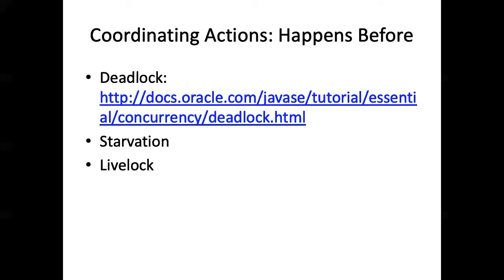And I'm going to defer deadlock, starvation, and live lock for a moment. So we will talk about those on Tuesday. What I just want to talk about next is how you can coordinate 2 threads so that they mutually coordinate their actions on how they access a resource.